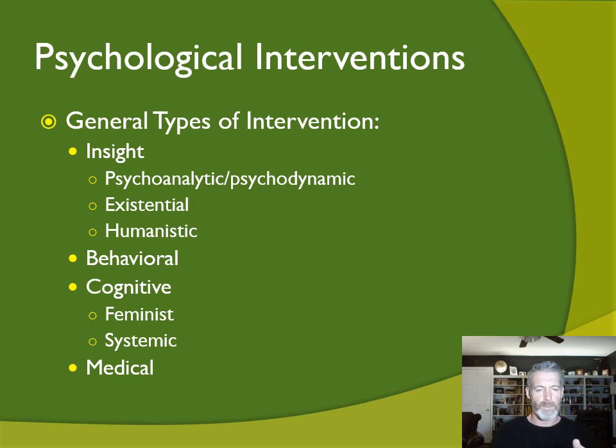It's the use of psychotropics, everything from SSRIs and SNRIs to TCAs, different classes of medicines to help address the physiological underpinnings and alleviate distress associated with anxiety, depression, psychotic features, etc. Promote sleep for people with insomnia, those kinds of things. So I'm not going to give you a whole separate slide on that.